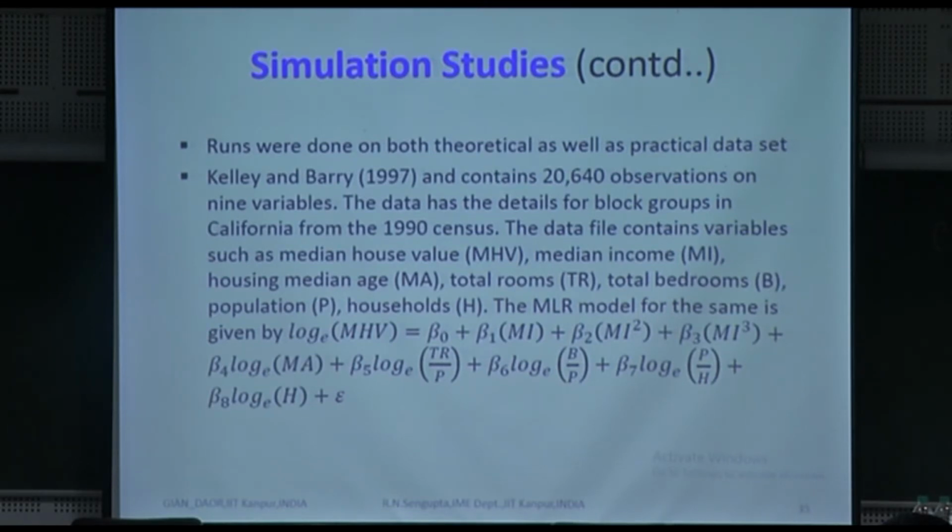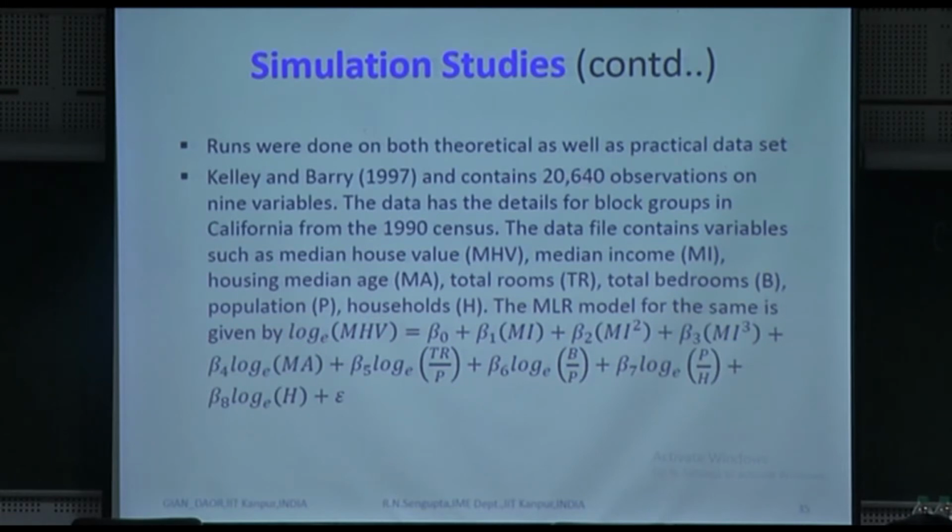So you want to predict the house price, and what were the variables on which the predictions are based? The predictions are based on median income of the families, median income squared, median income cubed, median age of the houses, total number of rooms in that area per house, total population in that zone, total number of bedrooms in the houses.